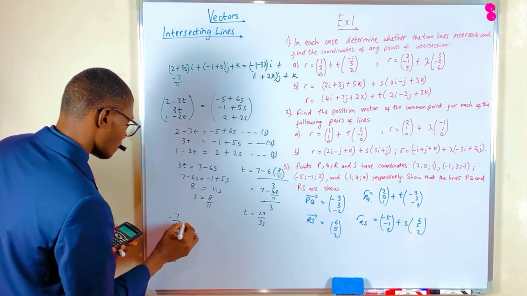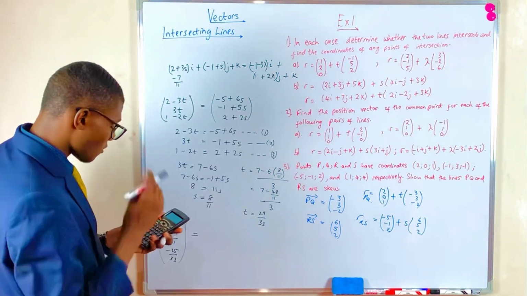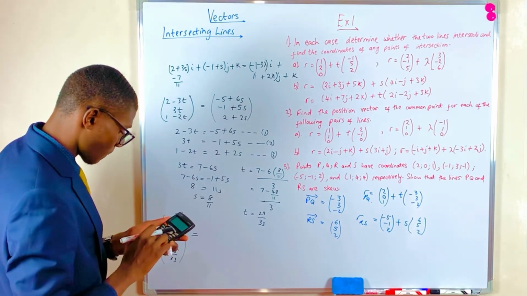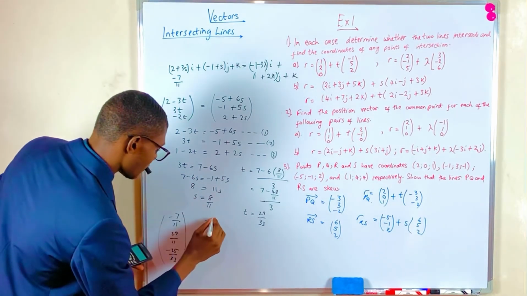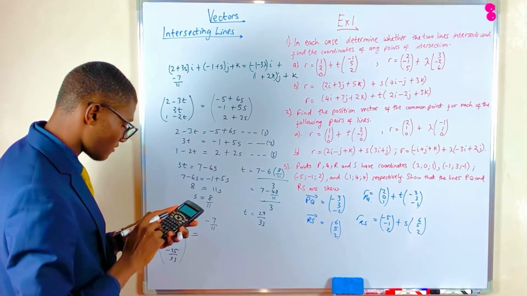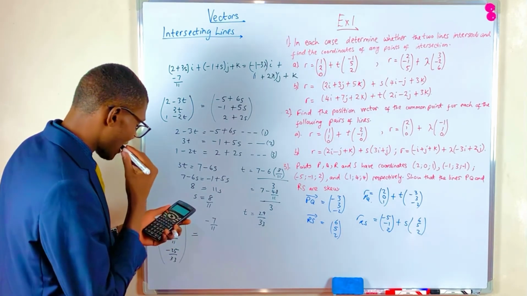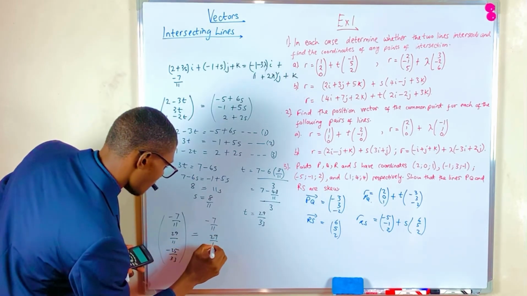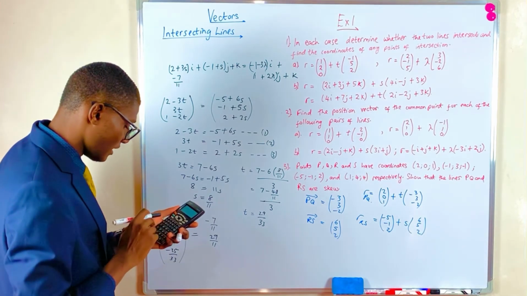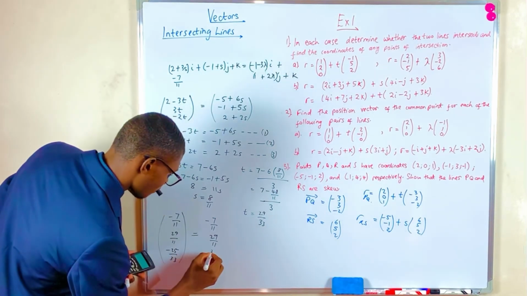This should be equal to, when you substitute for s, -5 plus 6 times 8/11, we get -7/11. Then -1 plus 5 times 8/11, we get 29/11. Then 2 plus 2 times 8/11, we get 38/11.